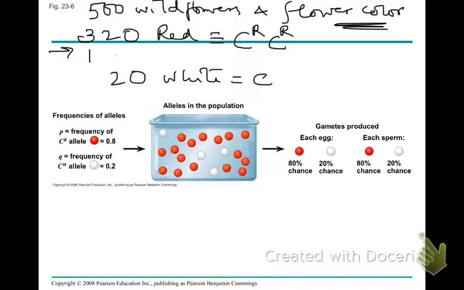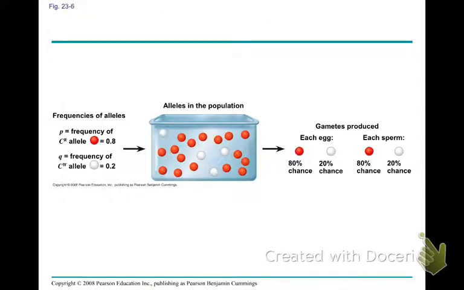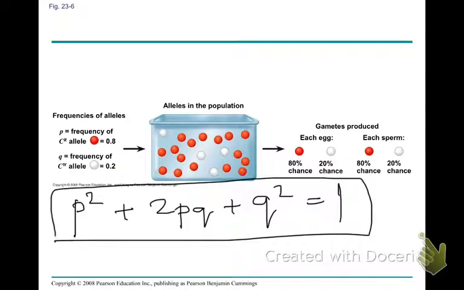Let me have some space to write this. So he calls that p square plus 2pq plus q square equals 1. This is your Hardy-Weinberg equation.